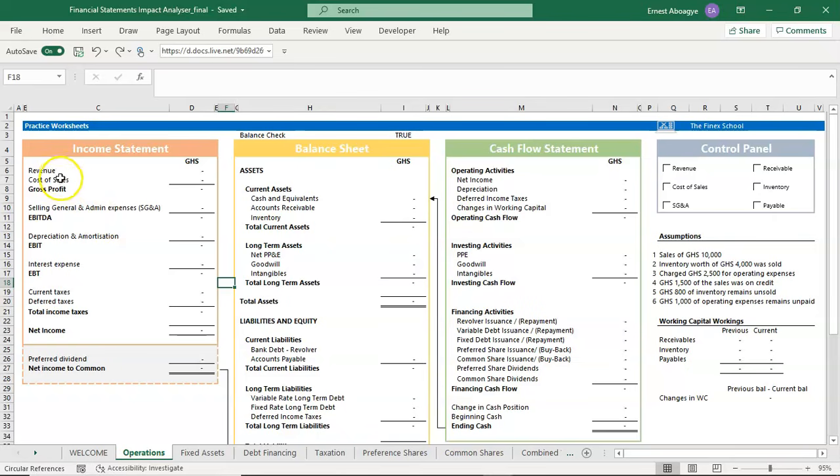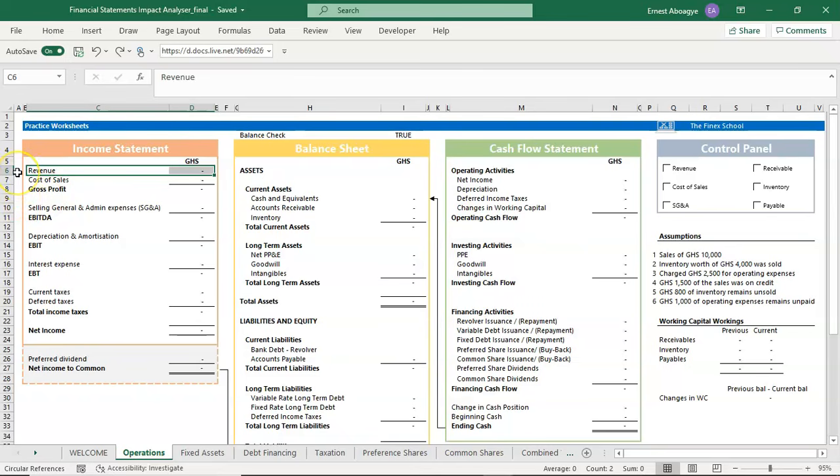Now, the first line of an income statement is the revenue. And when we talk about revenue, it is the income from our core operating activities.